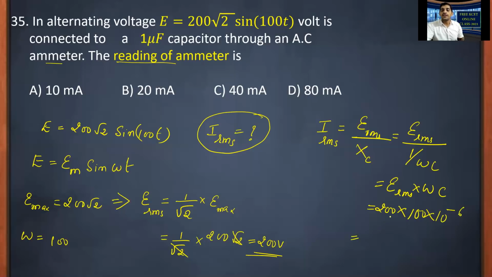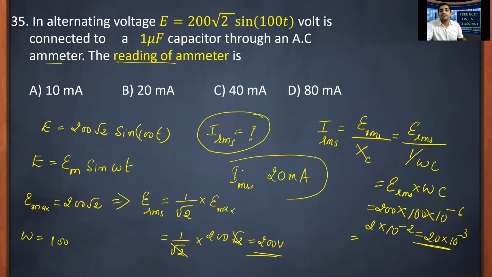So it comes to be 2 into 10 to the power minus 2, which we can write as 20 into 10 to the power minus 3, or 20 milliampere. So the answer is 20 milliampere, which is option B.